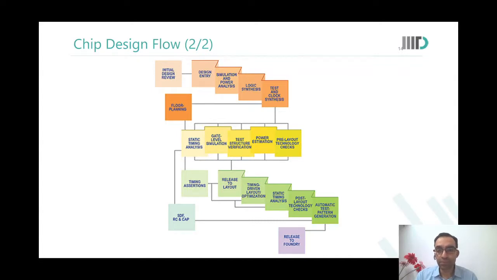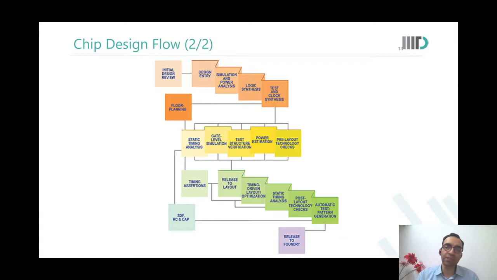So what is that block in the left corner? Below left corner, SDF, RC, and CAP. No, actually there is an RC and CAP block. What is the function of that? So after you have finally designed your entire chip, you will do a post layout extraction. So you will see now finally what are my capacitances at different places.